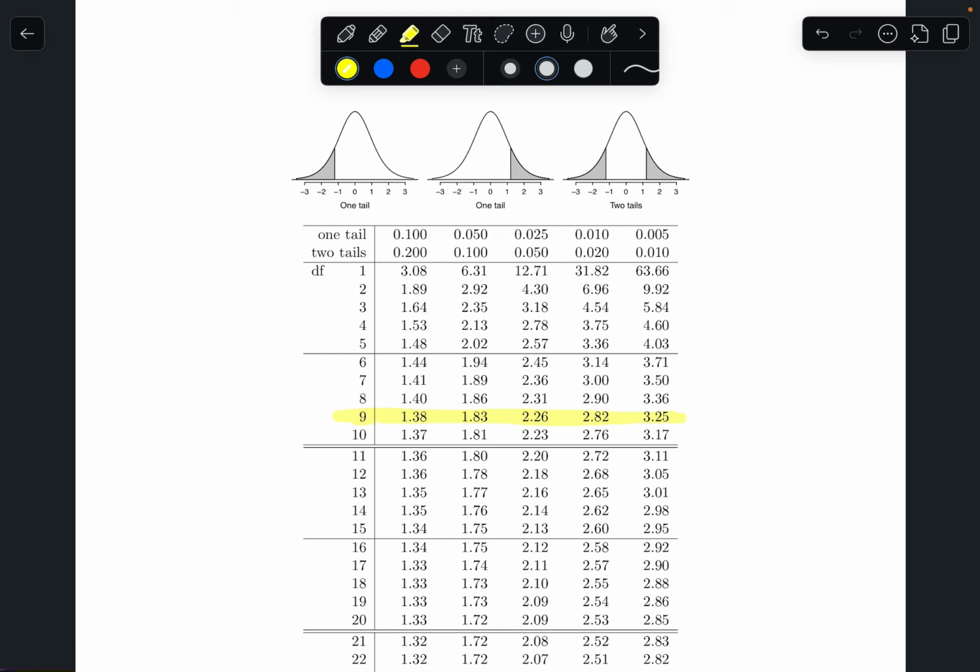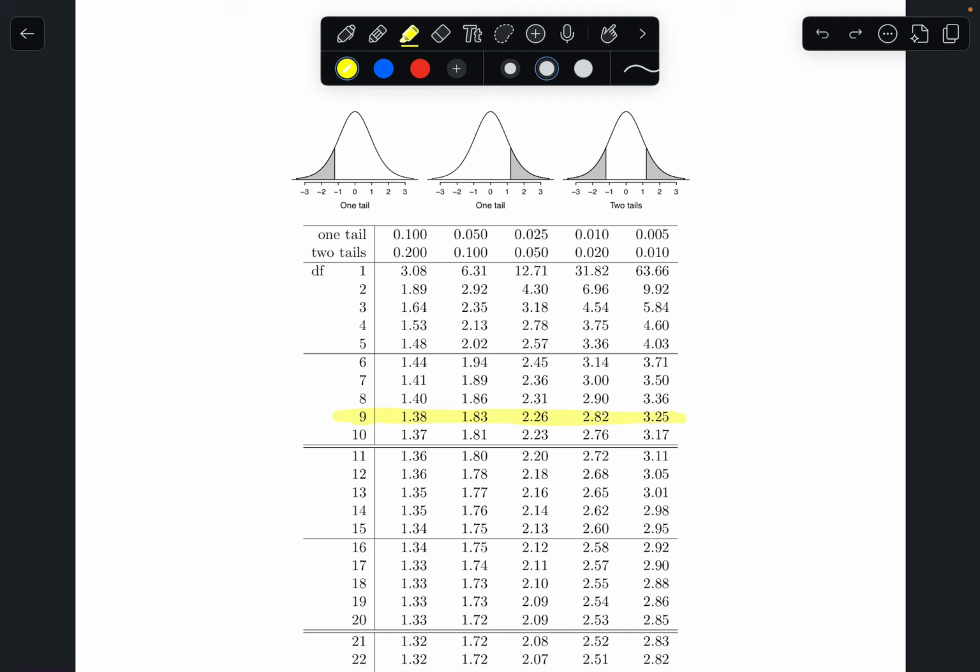And if I look at the pictures above, it shows you the left tail test, the right tail test, and the two tail test, whether we're talking about one tail or two tails. This row at the very top is going to show the area in one tail and the area in two tails.